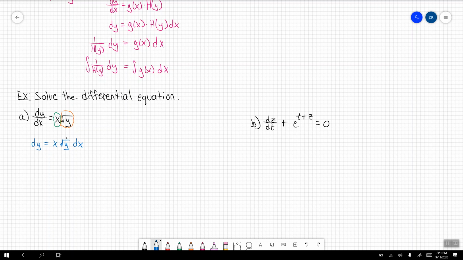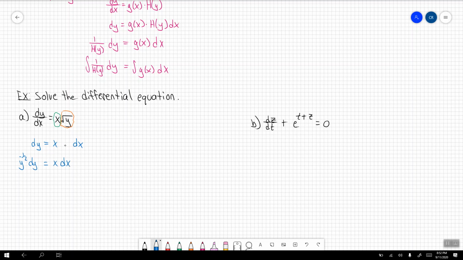So in order to move my variable of the square root of y to the other side of the equation, I'm going to divide. Now, I get y to the power of negative 1/2, and again, because we're dividing, dy is equal to x dx.